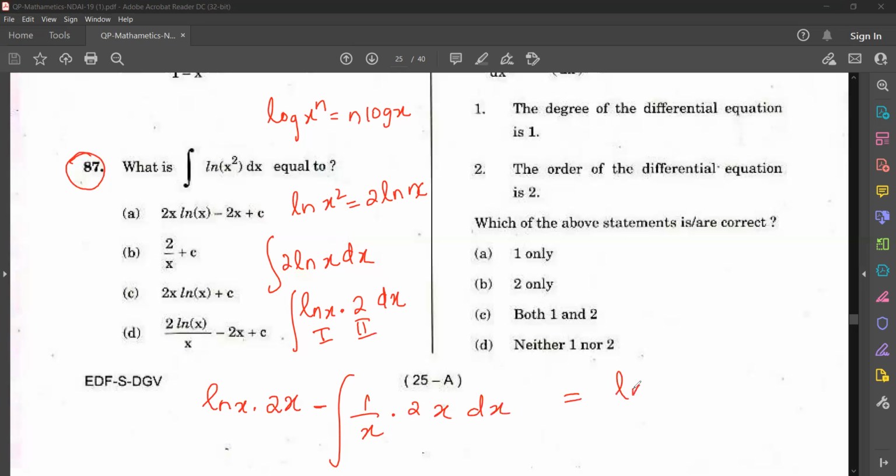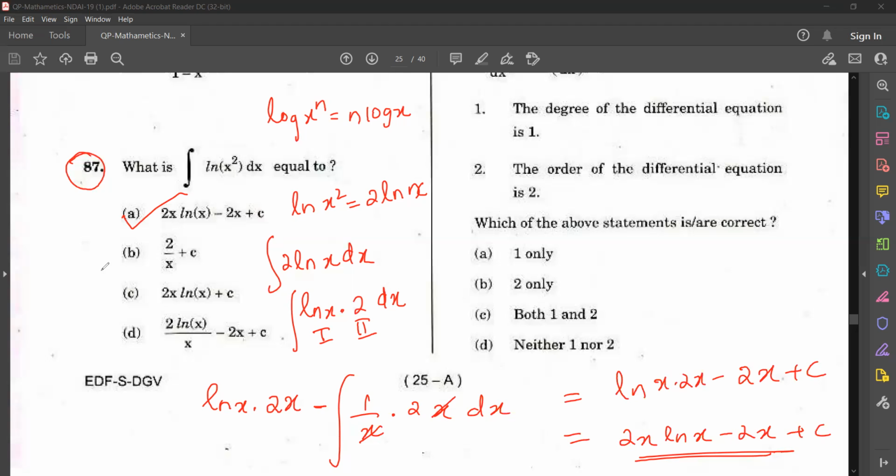So that is ln x into 2x minus, cancel this x and x, integral 2, isn't it? Integral 2 is nothing but 2x plus c. That is 2x ln x minus 2x plus c. That is the correct answer. So option A is the correct answer.